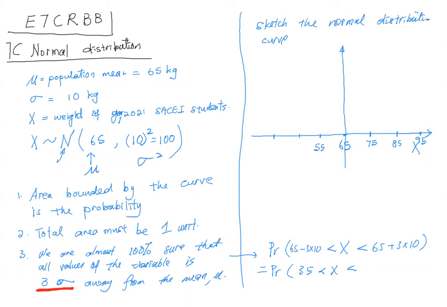If you are 35 kg, anyone in this class 35 kg? Cannot be, correct? 35 kg means you are malnourished already. And this is 95 kg. 95 kg, I think you are obese already. So this will be 45 and here will be 35.